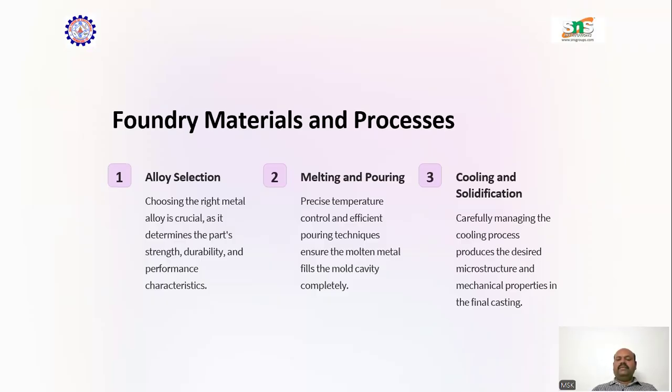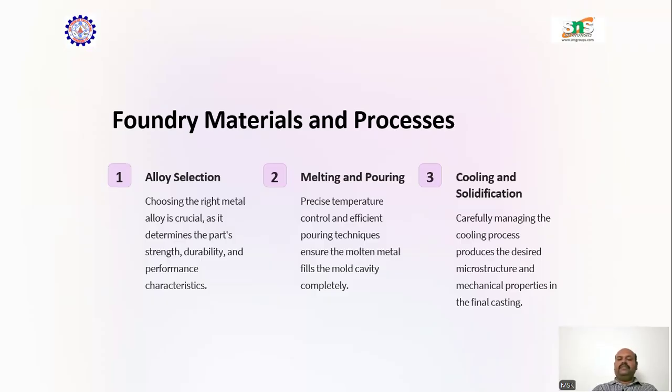The requirement is based on strength, durability, and performance, and on the material properties required for the application. So alloy selection is very important when you go for the melting process.